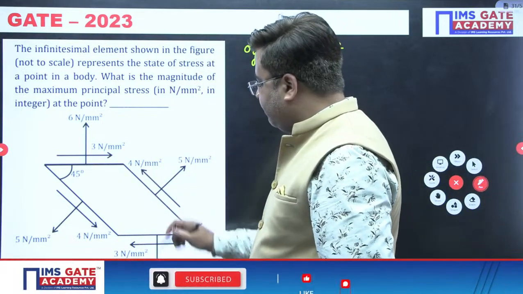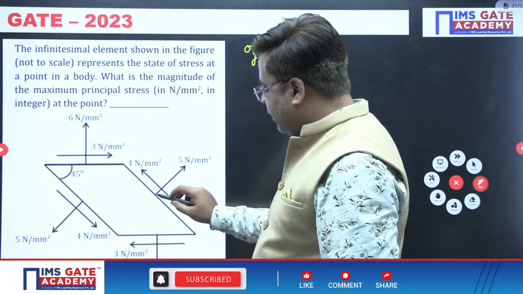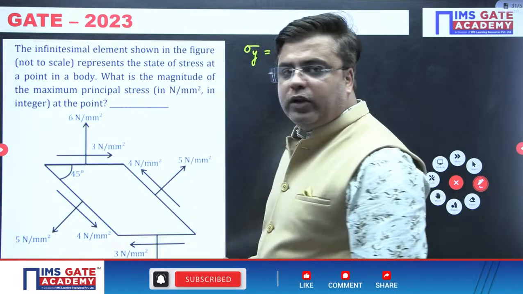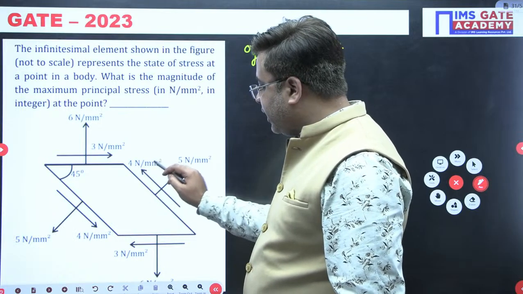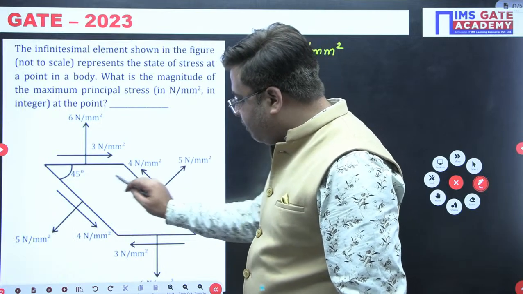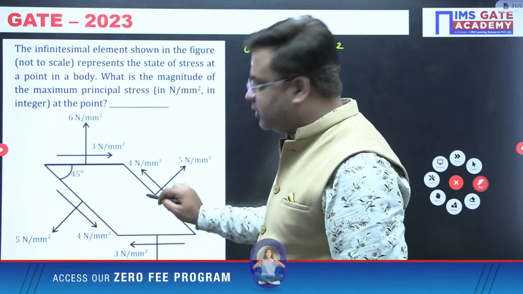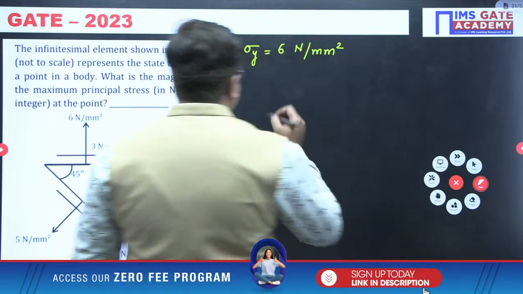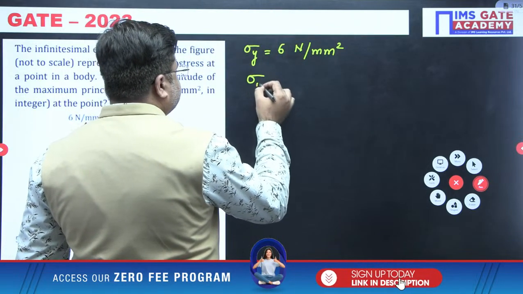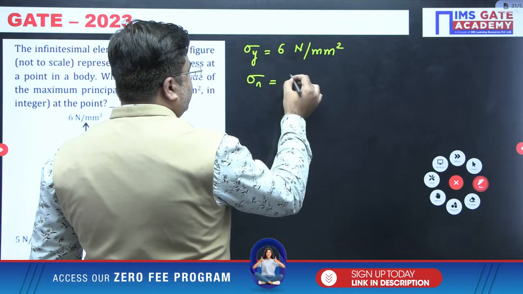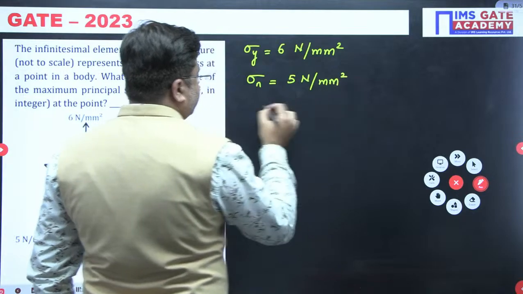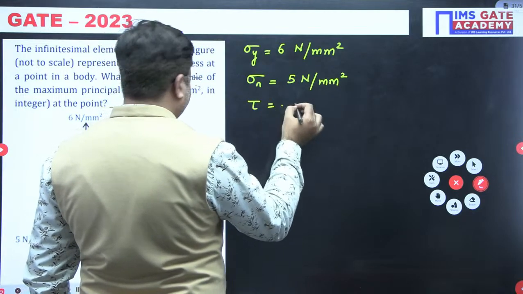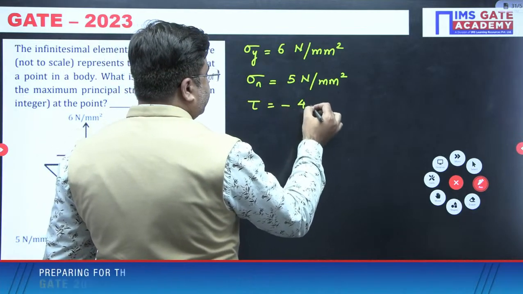Over this oblique plane, the normal stress is 5 Newton per mm square and the shear stress is 4 Newton per mm square, and this shear stress on the oblique plane is giving an anti-clockwise sense of rotation. So I will write down: normal stress on the oblique plane is equal to 5 Newton per mm square and shear stress on the oblique plane is minus 4 Newton per mm square.